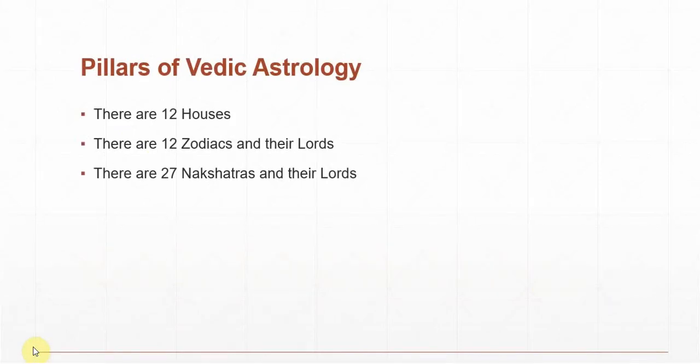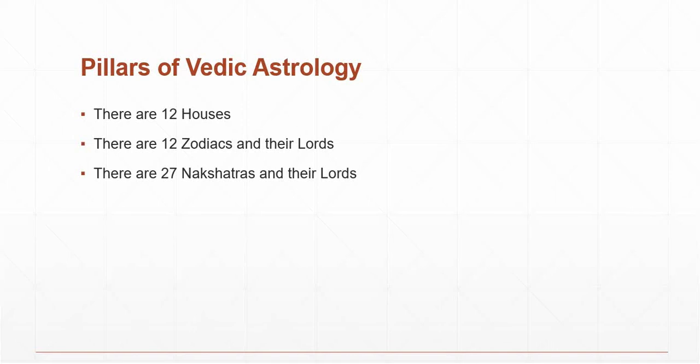Now, let's first discuss the pillars of Vedic astrology. There are 12 houses. Then there are 12 zodiacs or rashis and their lords. And then there are 27 nakshatras and their lords. Right?